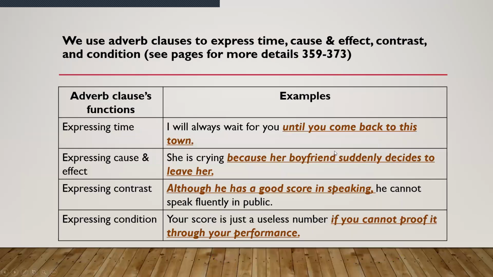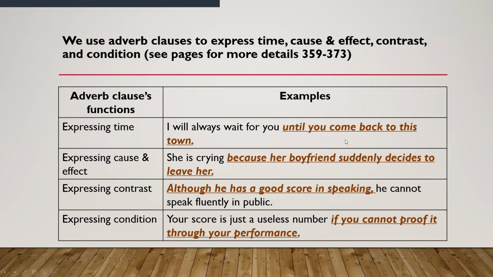All right. Now, this is the function of the adverb clause in a complex sentence. Mainly, there are four functions: to express time, cause and effect, contrast, and condition. Here there are several examples, and the one with the adverb clause is the brown one.